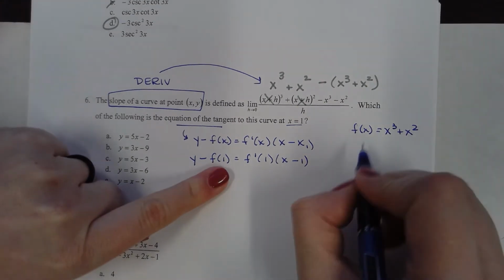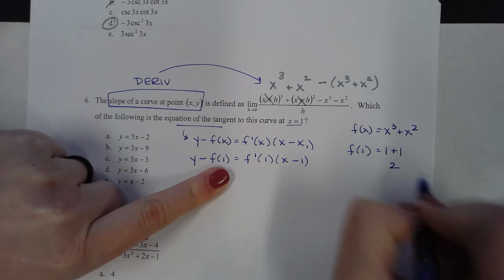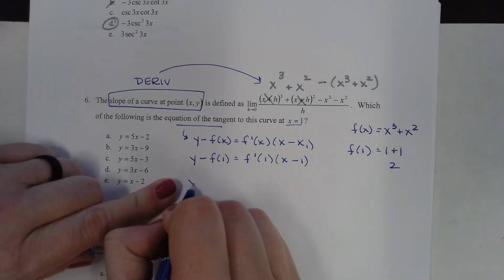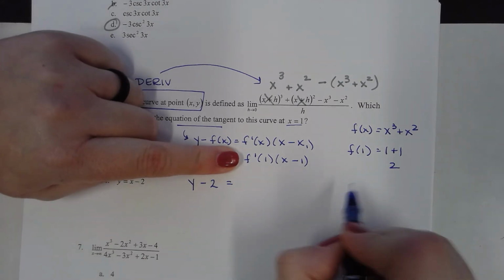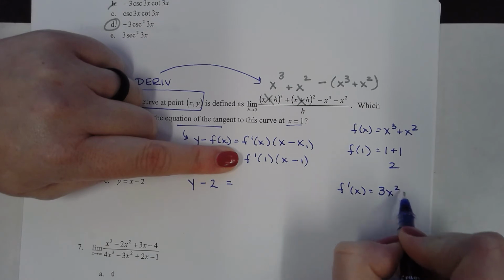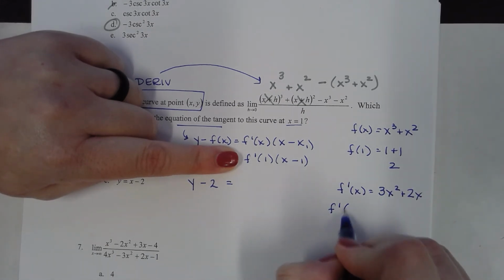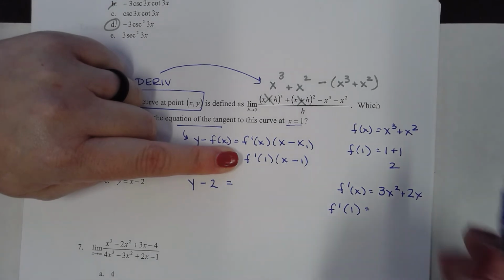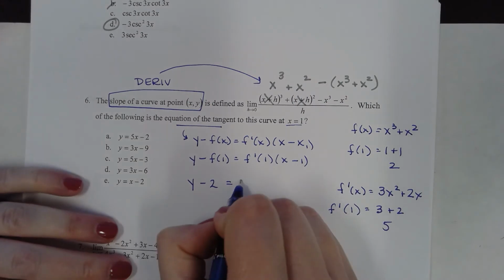So then I can find f of 1 and get 2. So now I know I've got y minus 2 equals. Okay, well now I need the derivative. 3x squared plus 2x. And I need to sub in a 1. 3 plus 2, so that's a 5.